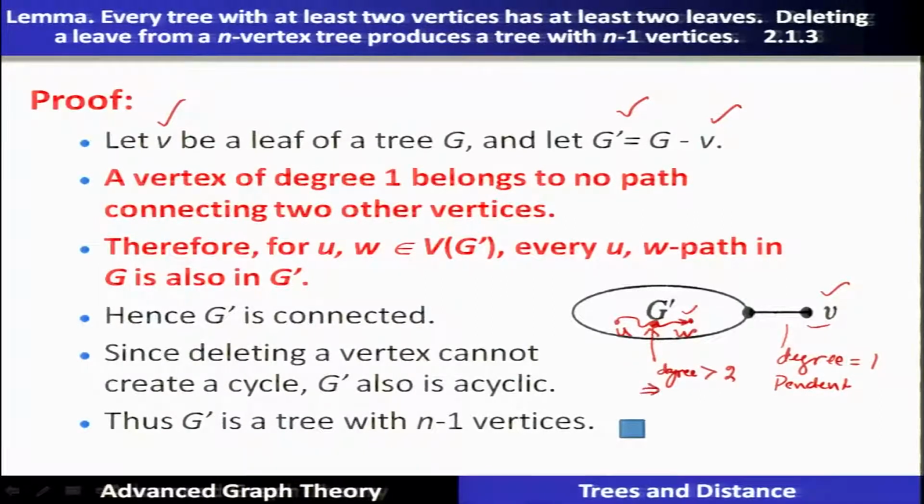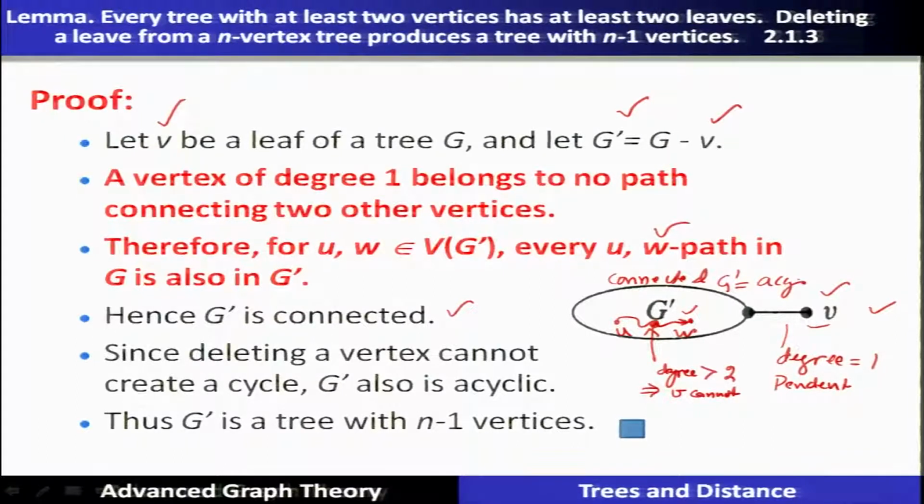Hence V cannot be a node on a path between any pair of vertices within G prime. Hence all pairs of vertices have a connecting path, and therefore G prime is a connected graph. Since deleting a vertex cannot create a cycle, G prime is acyclic.